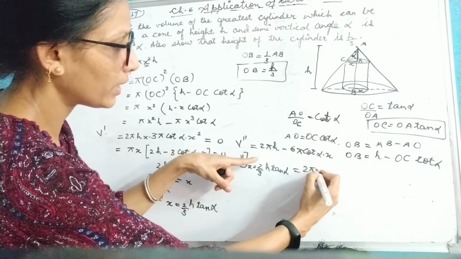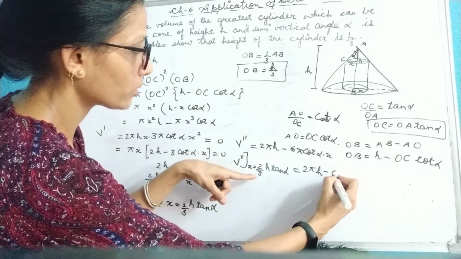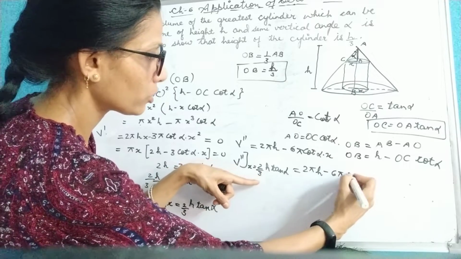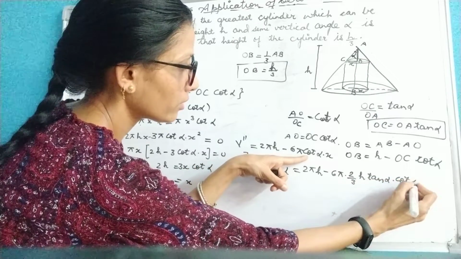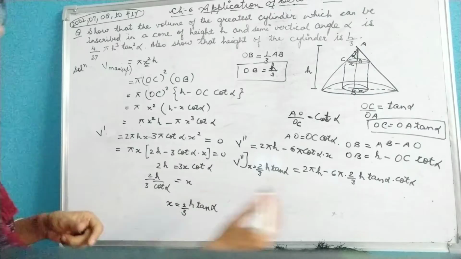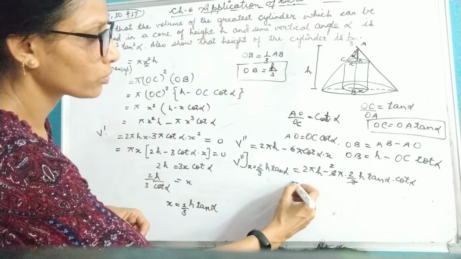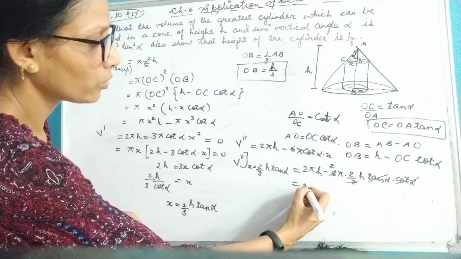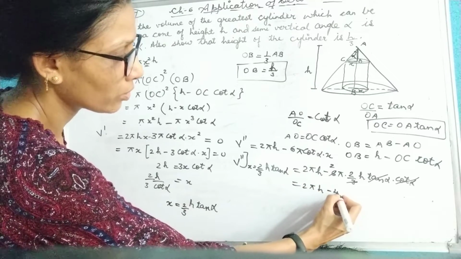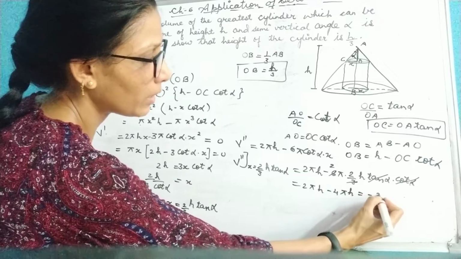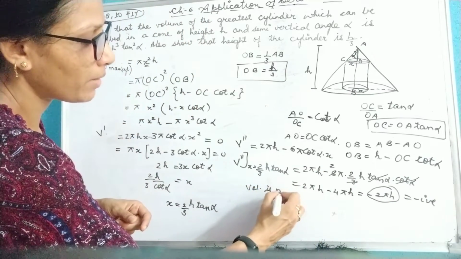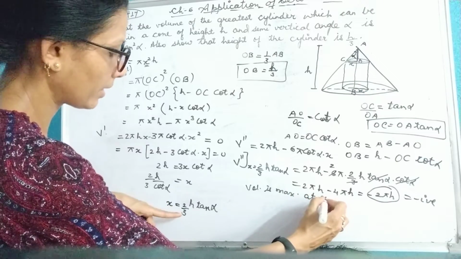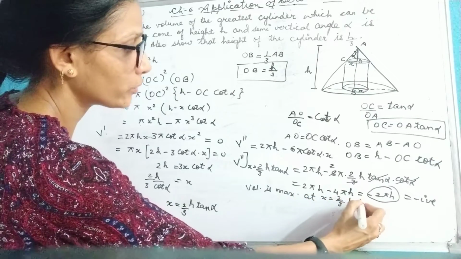This will be 2 pi h minus 6 pi, x is 2 by 3 h tan alpha, and this cot alpha is written over here. Now simplified, the 3 and 2s are cancelled, cot alpha and tan alpha gone, 2 pi h minus 4 pi h, which gives me minus 2 pi h. That means this term is a negative term. That means the volume is maximum at x equal to 2 by 3 h tan alpha.